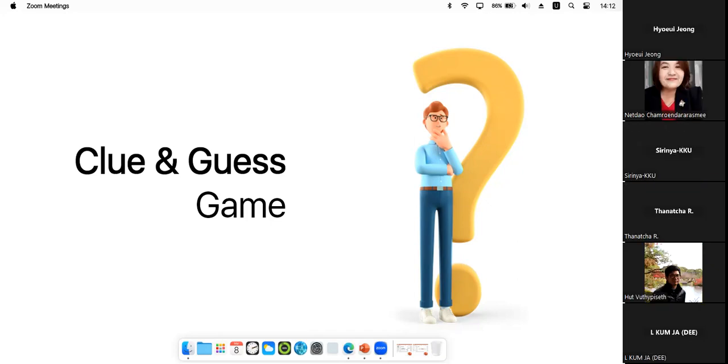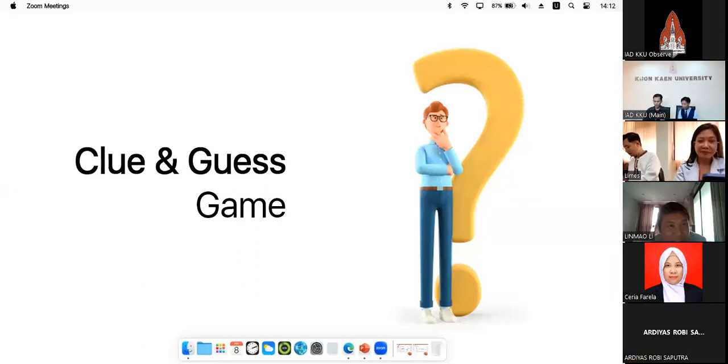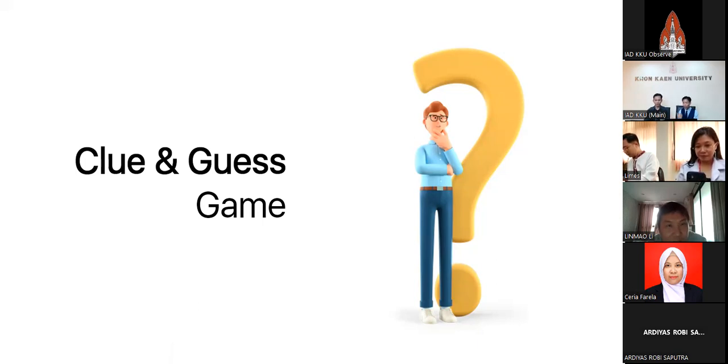Okay. So now I will chat you the word. Now you can give the clues to everyone here related with this word. Please open your chat. We have that word, and please give us some clue and guess. How is it?